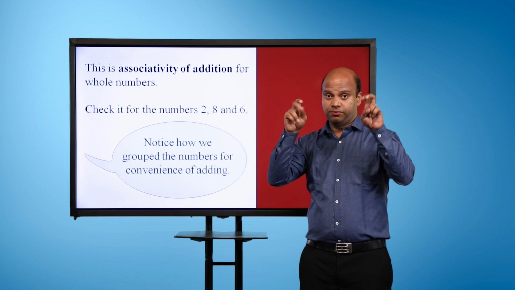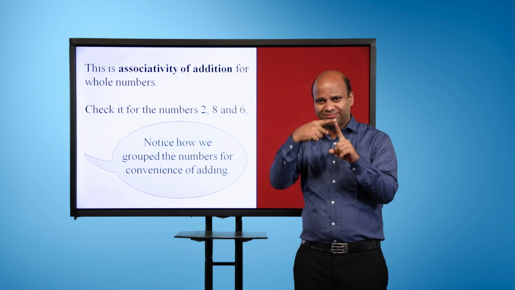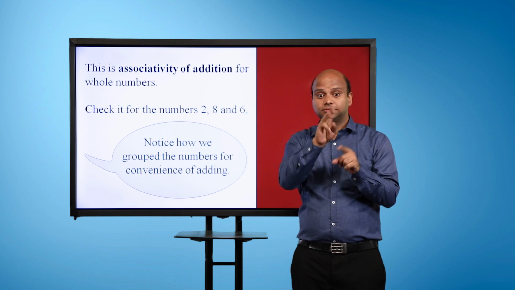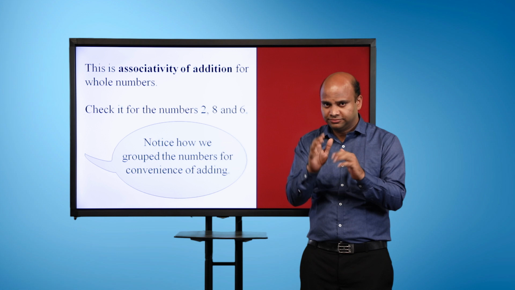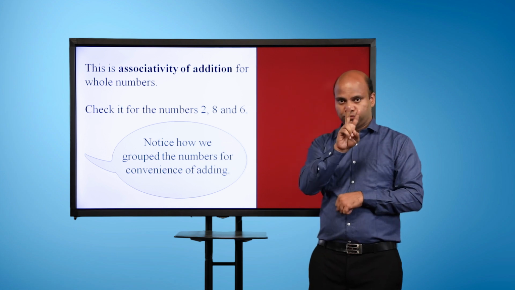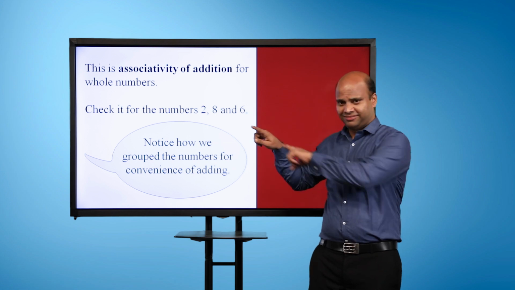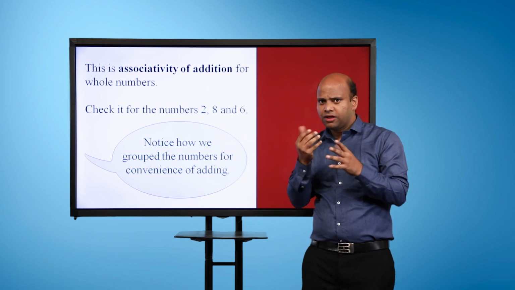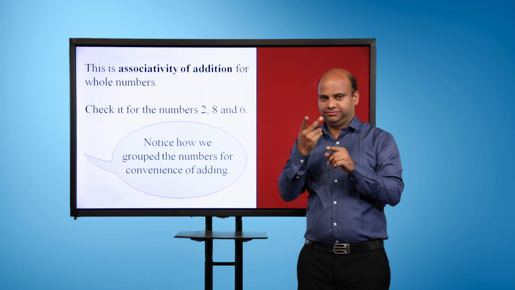This is associativity of addition for whole numbers. Check it for the numbers 2, 8 and 6. Notice how we grouped the numbers for convenience of adding.